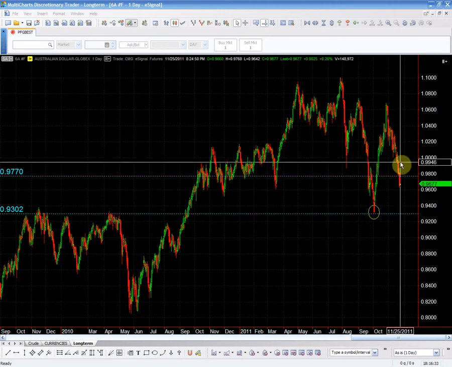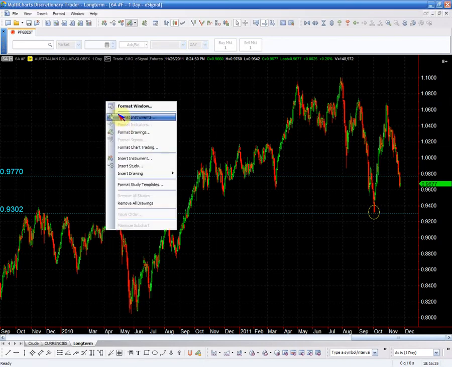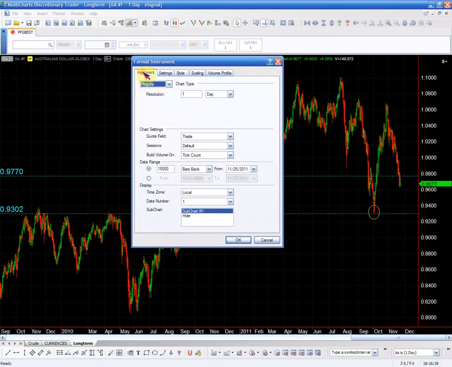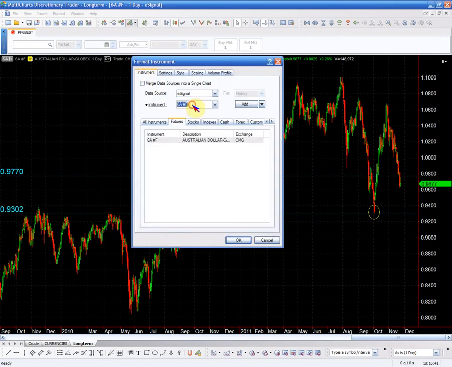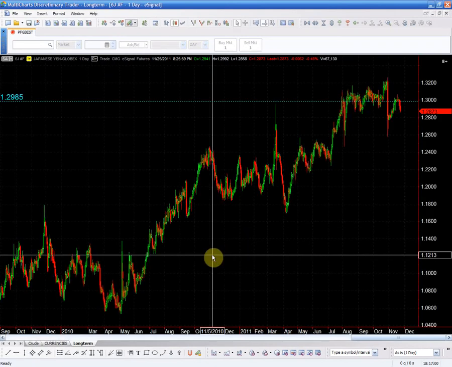So the next one we want to look at is the Japanese yen. And this is quite interesting.